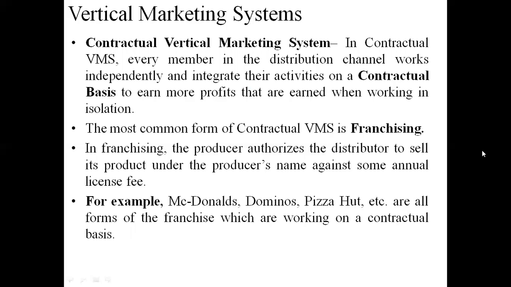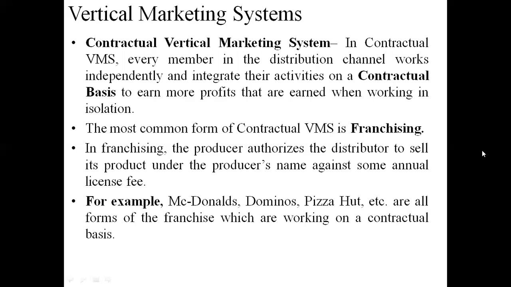The most common type of contractual VMS is franchisee. So in franchisees, you know that all the franchisees are in a contractual relationship with the main company or the manufacturers.